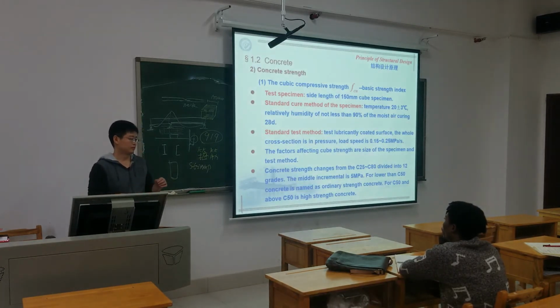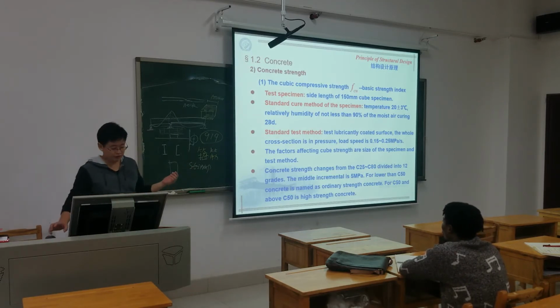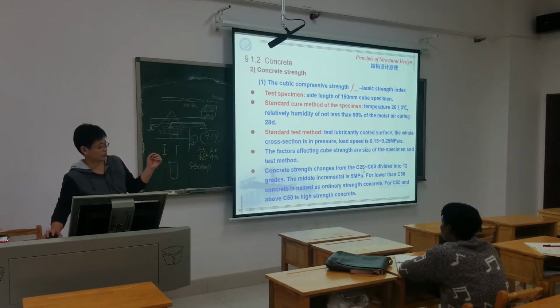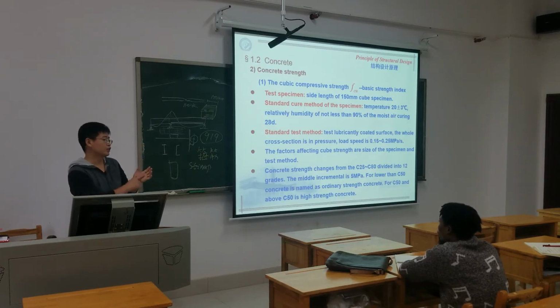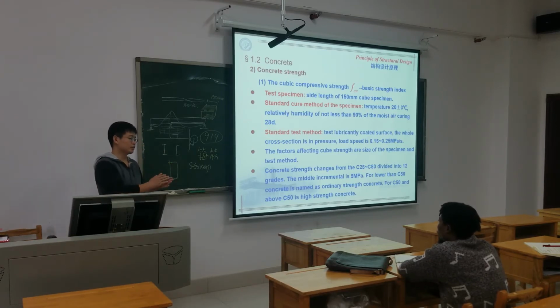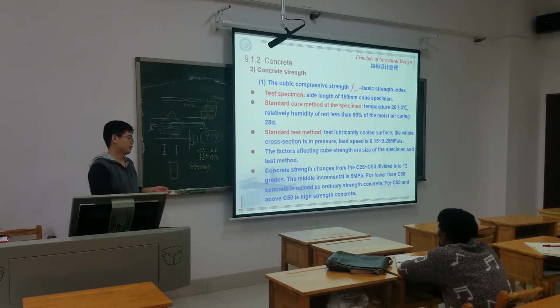So to design it, we use different proportions of material, and also different materials, like different stone sizes or stone material. Even the stone has different strengths. And maybe they put some iron fiber inside to improve the strength.